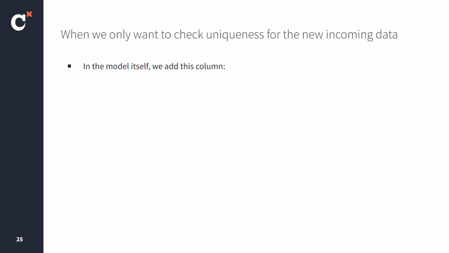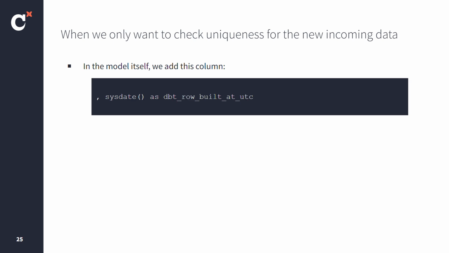For us, this looks something like this. In the model itself, we'll add a column that just pulls the timestamp for when that row was actually created. This will be put in batch on all of the rows created as a single DBT run or build of that model.